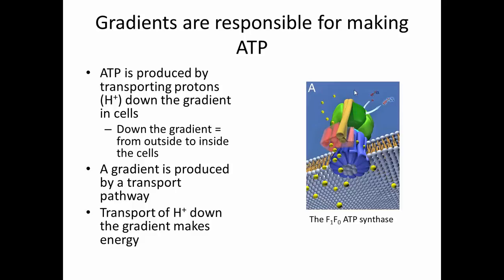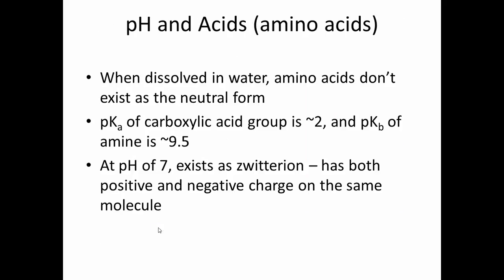Again, it goes down the concentration gradient and it goes into the cytoplasm, thus producing ATP from ADP and phosphate, thus giving the cell more energy that it would need to do its biosynthetic reactions. So cells produce the gradient by transporting protons out and then transporting them in, they can take advantage of that gradient and make ATP. They can make energy.